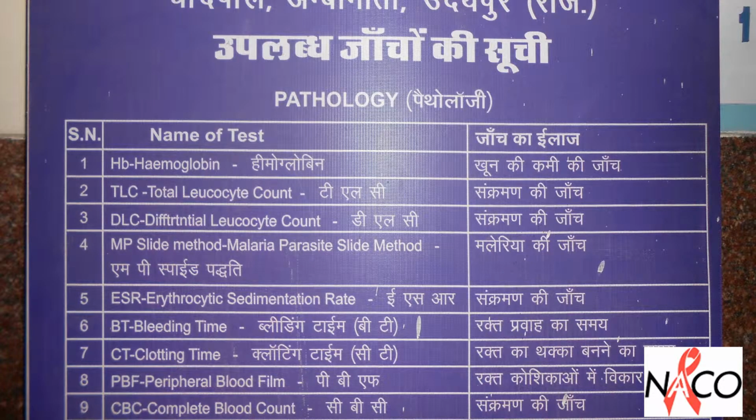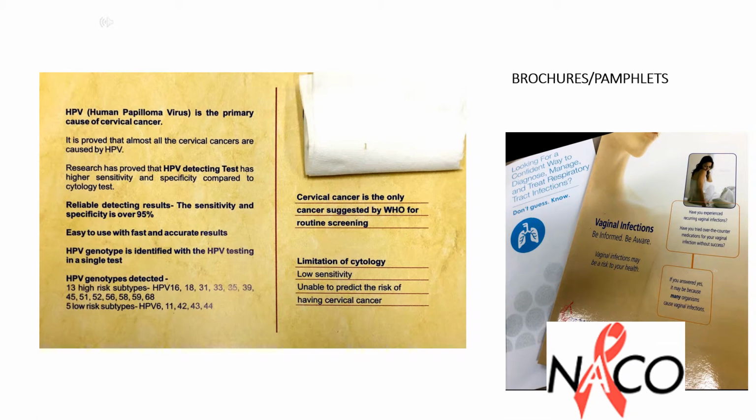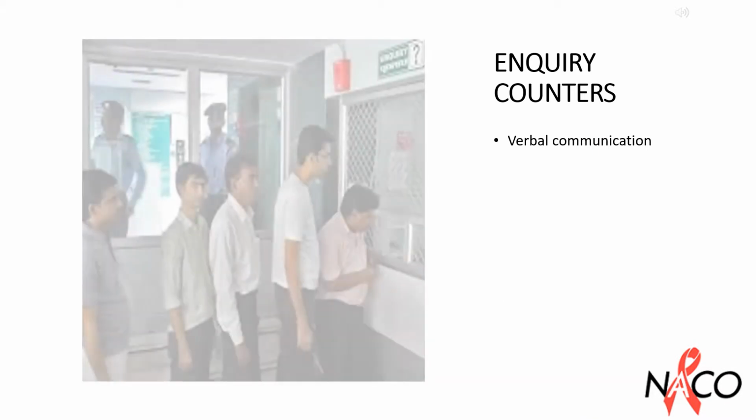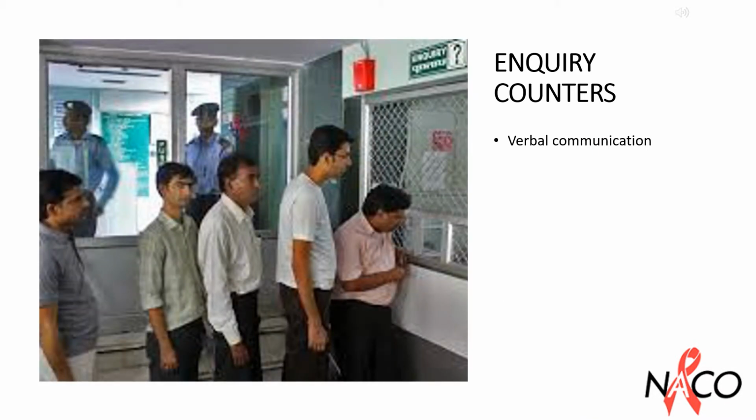By means of displays with information regarding the various tests available and also preferably in local language. By means of brochures and pamphlets with details regarding the various tests. And by means of enquiry counters which act as the communication link between the laboratory and the patient.